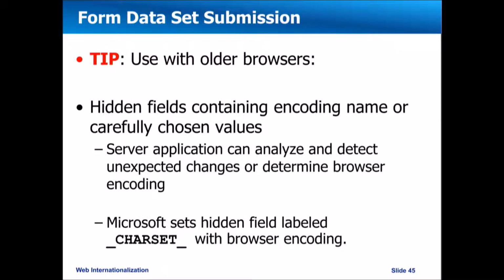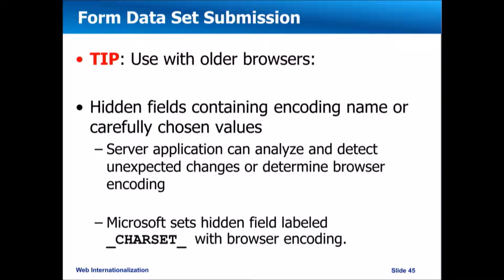Now, I mentioned sometimes a user might choose to override the encoding that you send to them. They might change the encoding. So this slide just has a couple of things you can do. If you use hidden fields, you can put special values in there. If they change the encoding of the page, those values can change. If you're clever, you can put in values not only that will be changed, so you notice something happened, but also you can detect what encoding they changed to and maybe reinterpret the data.